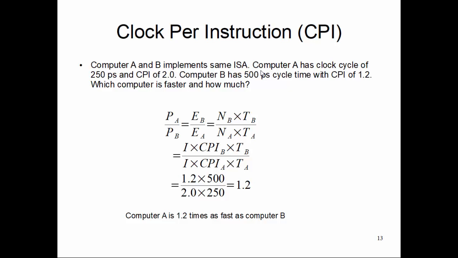So computer B has a slower clock in this example, and it is twice slower. Computer B has a clock twice as slow as computer A, but it has a little bit less CPI as well. So we have a performance improvement of 1.2, not really a 2x performance improvement between A and B.